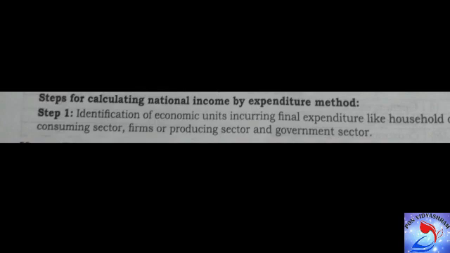The next is the steps involved in calculating national income by the expenditure method. The first step is the identification of economic units incurring final expenditure, like the household or consuming sector, firms or producing sector, and the government sector.